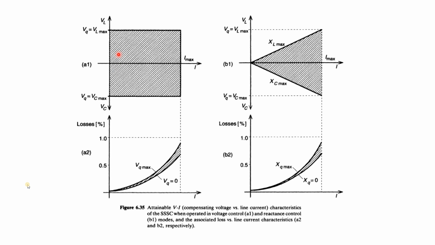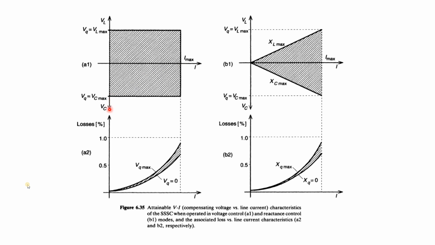Obviously, if the SSC is supplying inductive voltage for inductive reactive power compensation, the current will be lagging the voltage. You can see the VL phasor is given over here. This is the maximum value. The current is lagging the voltage by 90 degrees, and this point is the maximum limit of the current.